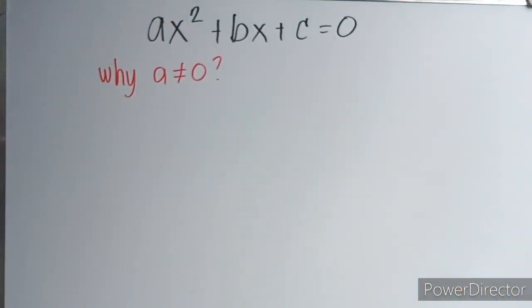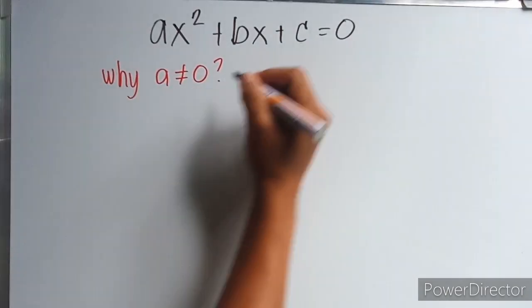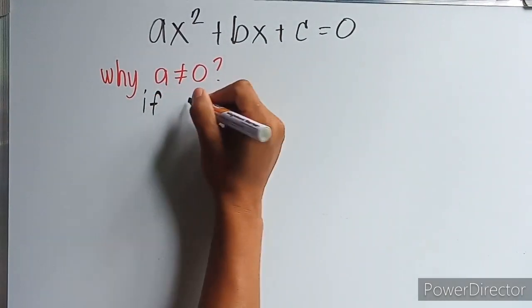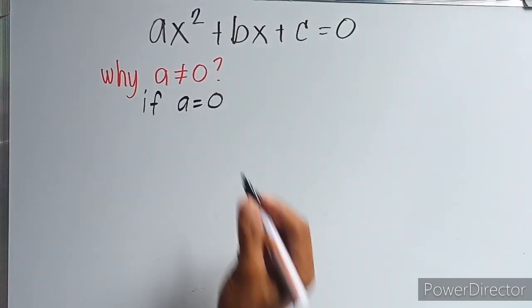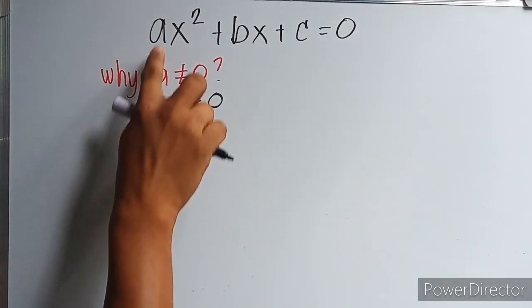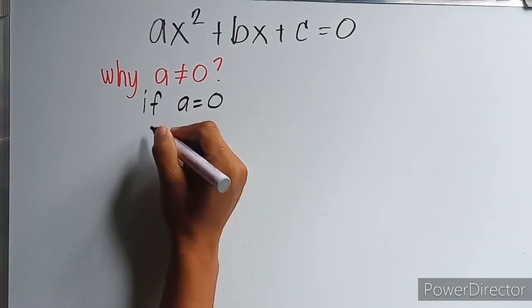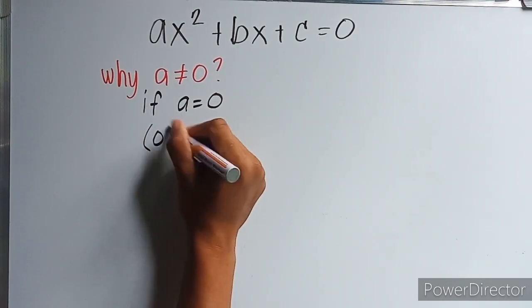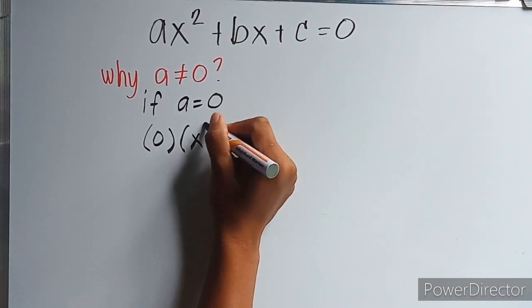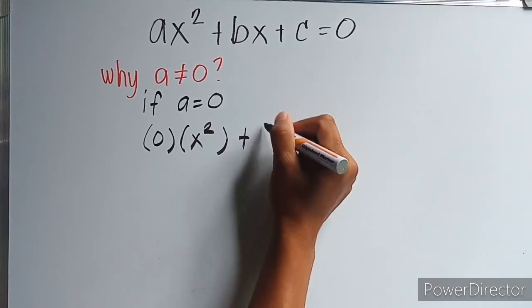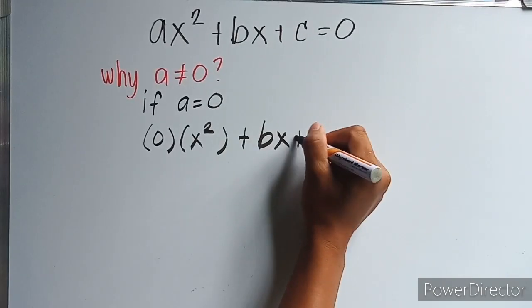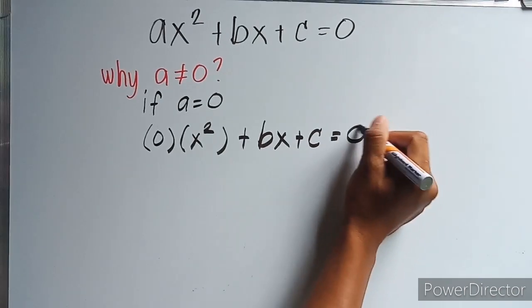From ax squared plus bx plus c is equal to 0, why is a not equal to 0? Now, if a is equal to 0, we are going to substitute a by 0, so we will have 0 times x squared plus bx plus c is equal to 0.